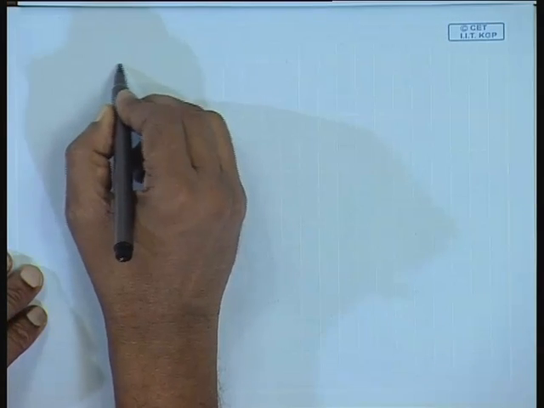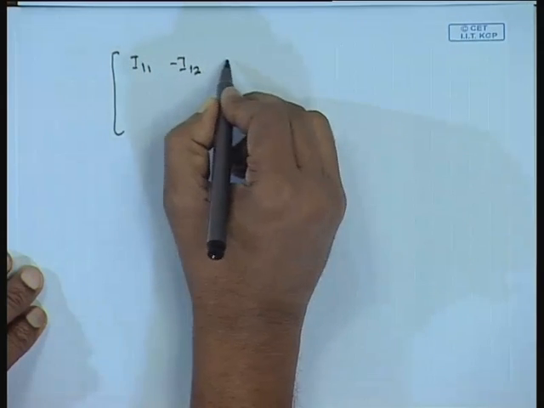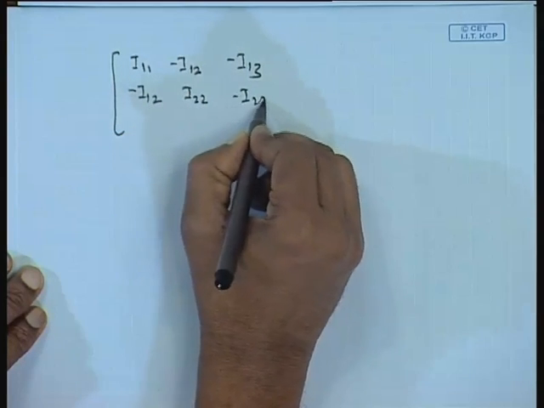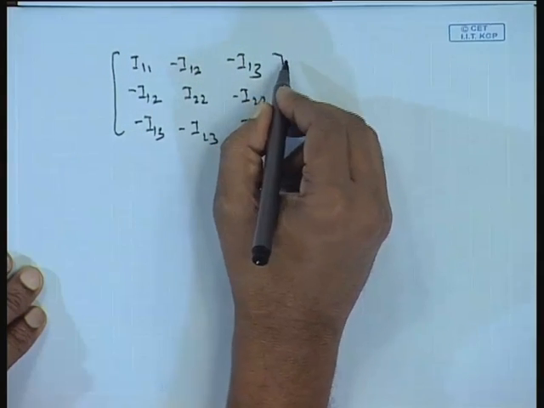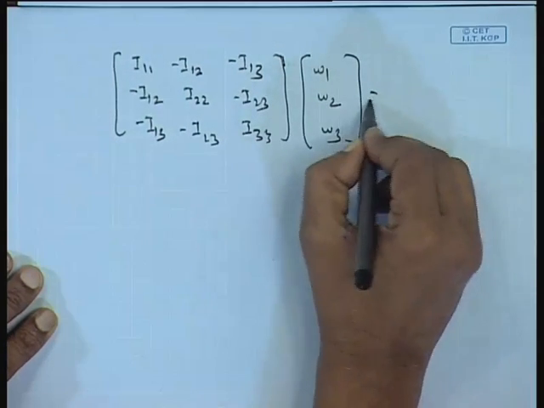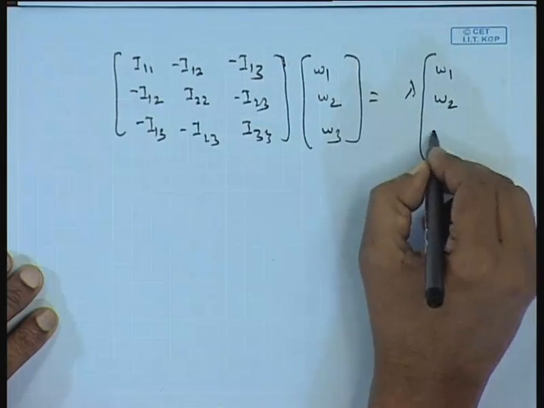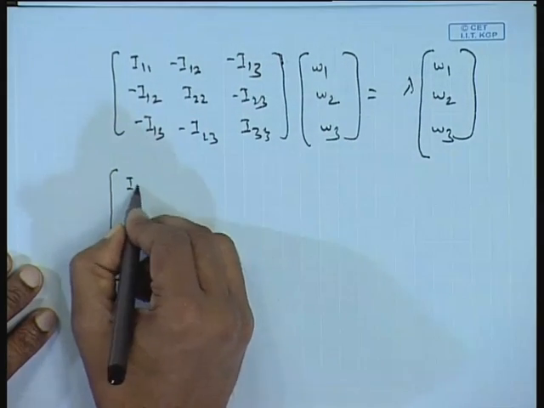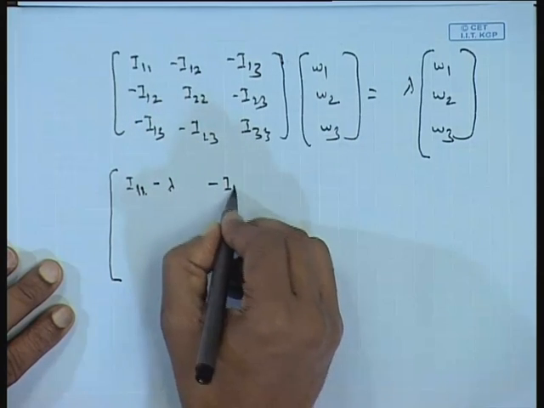So, if you solve, you have the inertia matrix here, I 11, minus I 12, minus I 13, times omega 1, omega 2, omega 3, and this equals lambda times omega 1, omega 2, omega 3. So, bring it on the left hand side. This whole problem can be indicated as I 11 minus lambda, minus I 12.